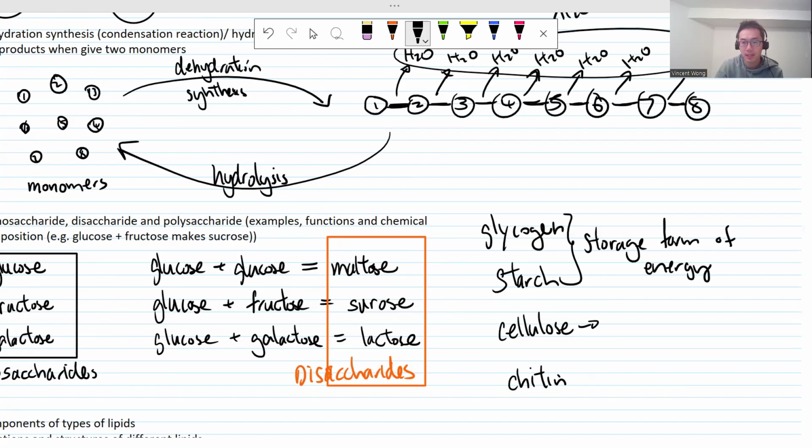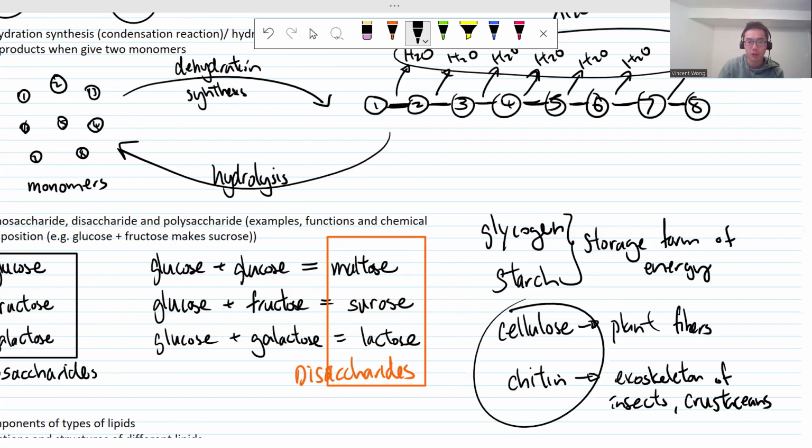Cellulose, this is plant fibers. Like the crunchy parts of the plant, the tree bark, they have cellulose in it. Chitin is the material that makes up the exoskeleton of insects and crustaceans, like lobster, crabs, that kind of stuff.